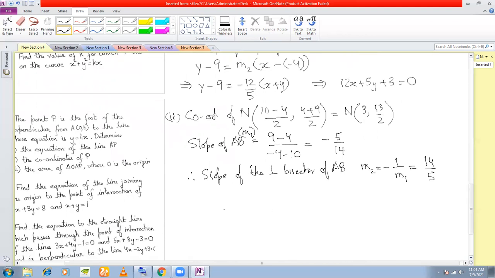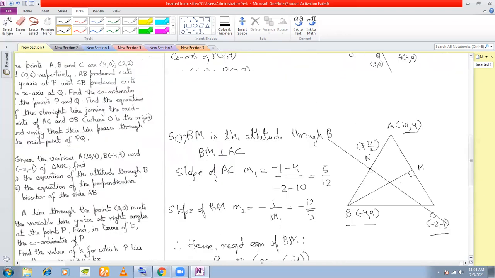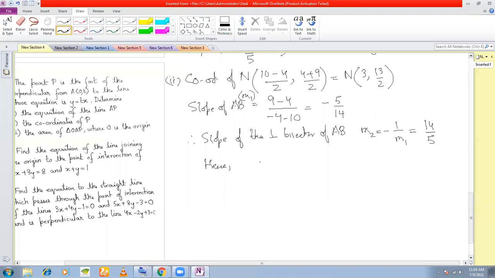Right? So hence, what is the equation of the perpendicular bisector? You know a point on the perpendicular bisector, N, and you know the slope also, M2 equal to 14 by 5. You can find it again by point slope form. Hence, the equation of the perpendicular bisector of AB: Y minus Y1, Y1 is 3, is equal to M2 times (X minus X1).